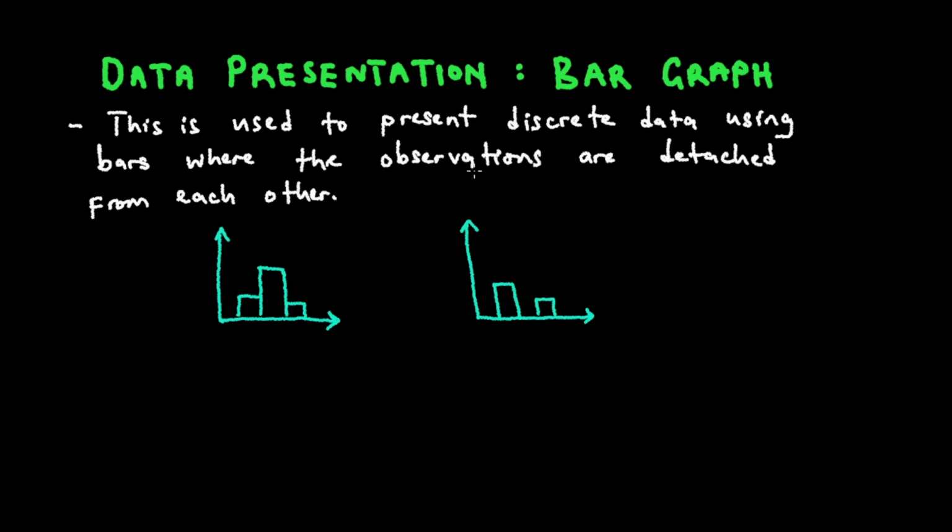Saka patanga tinyora this note, tati this is used to present discrete data. It can be discrete, it can also be qualitative data. Panapa, you can add it in your notes. Discrete or qualitative data using bars where the observations are detached from each other.